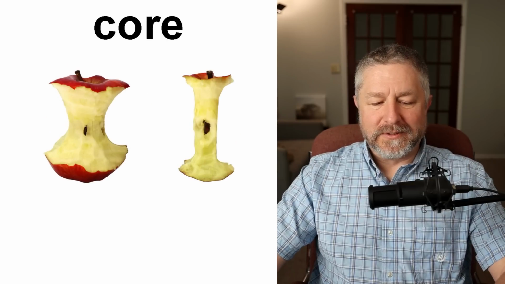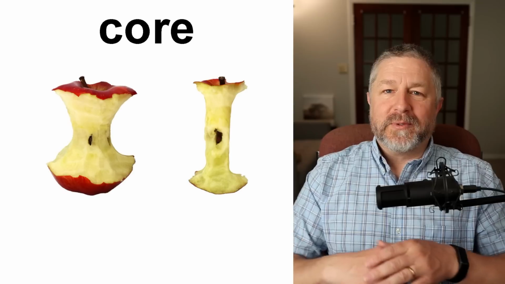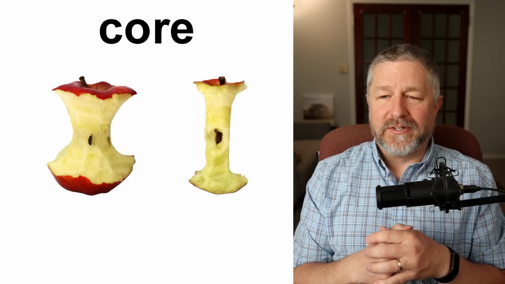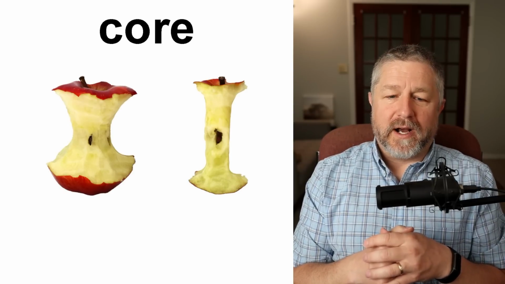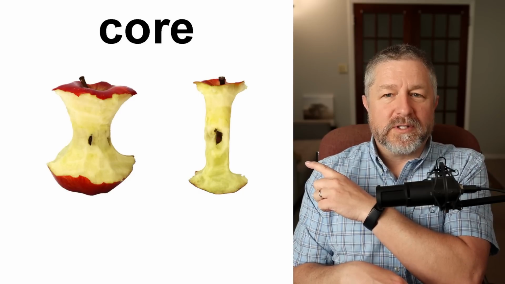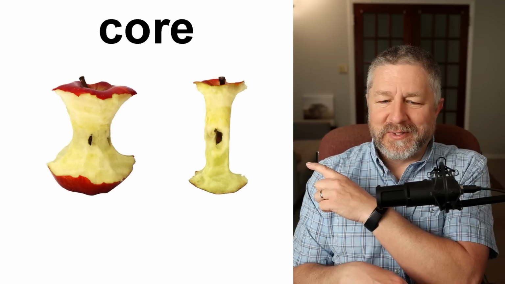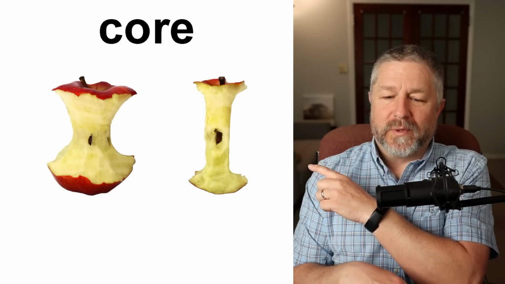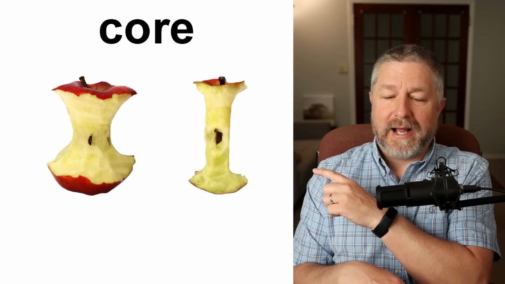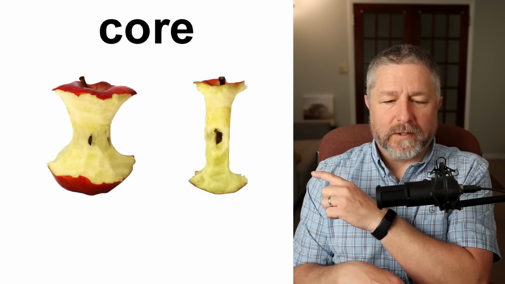When you eat an apple, when you are done eating the apple, you have the core. The core is the inside of the apple, the very center. So oftentimes when I eat an apple, it looks like the one on the far part of this picture where there's still lots of apple left. That's a really big apple core. And then close to me, you have someone who did a really good job eating their apple. So it's a very small apple core.